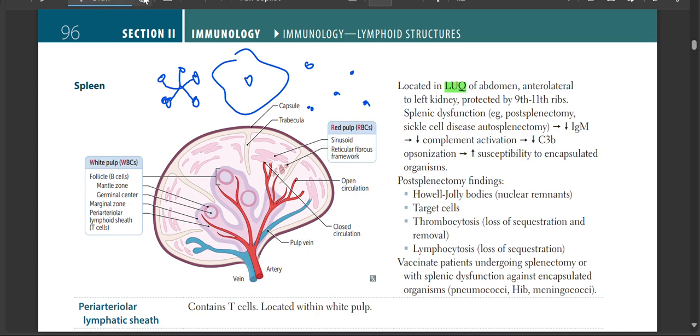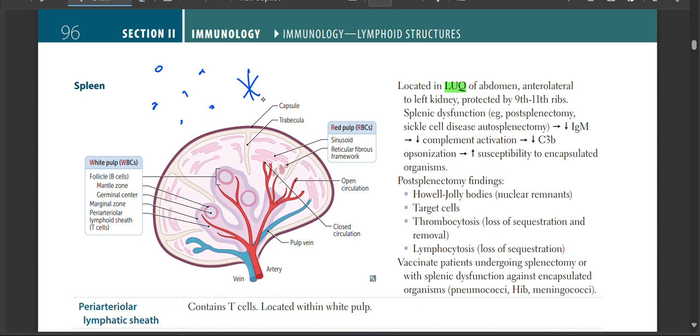Let me give you a quick analysis of what exactly happens here. Let's say you have multiple different bacteria. Now you release a pentavalent IgM molecule, and this IgM molecule will bind to all of these bacteria, and it makes the job easier for the macrophage to phagocytose them.